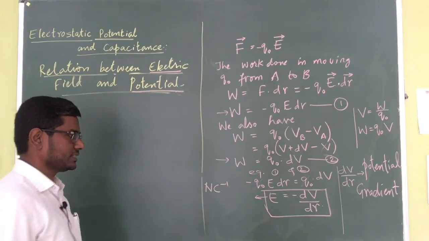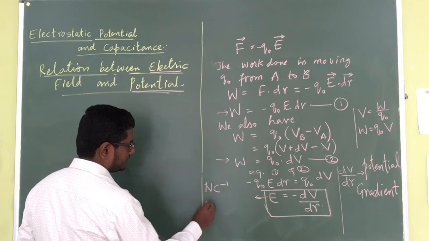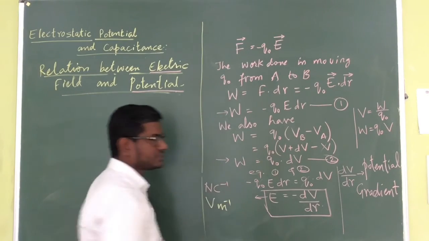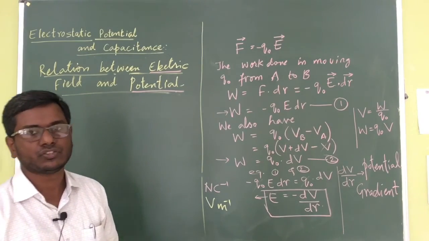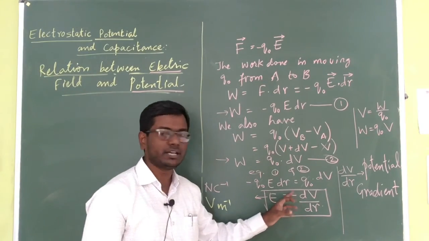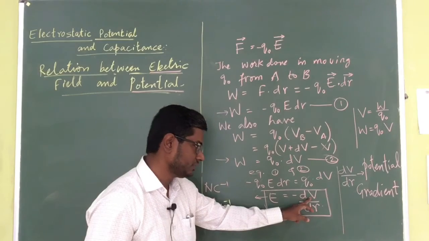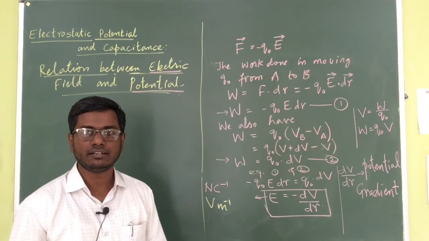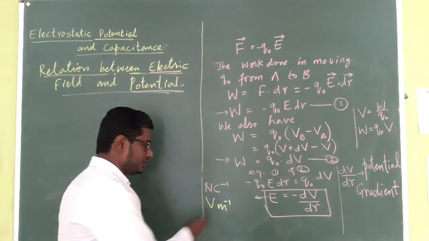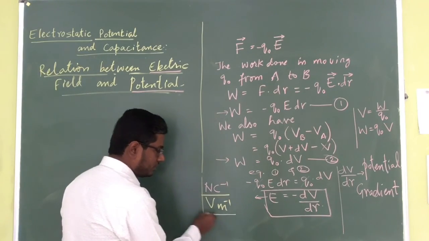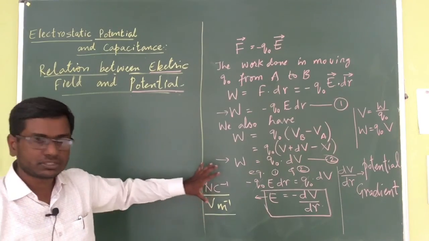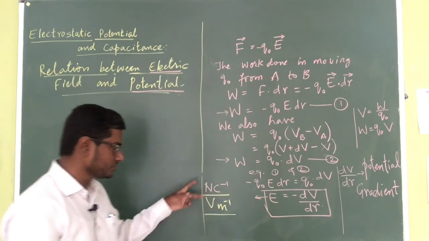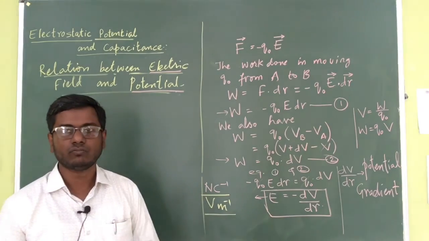Alternatively, after this derivation, we have the unit volt per meter, because dV is the difference in potential, measured in volts, and dr is the displacement, measured in meters. So we can use either Newton per Coulomb or volt per meter. Both have the same meaning.